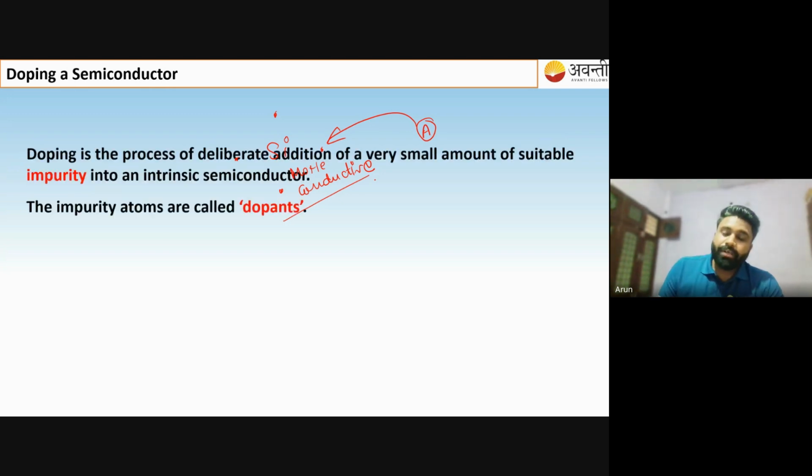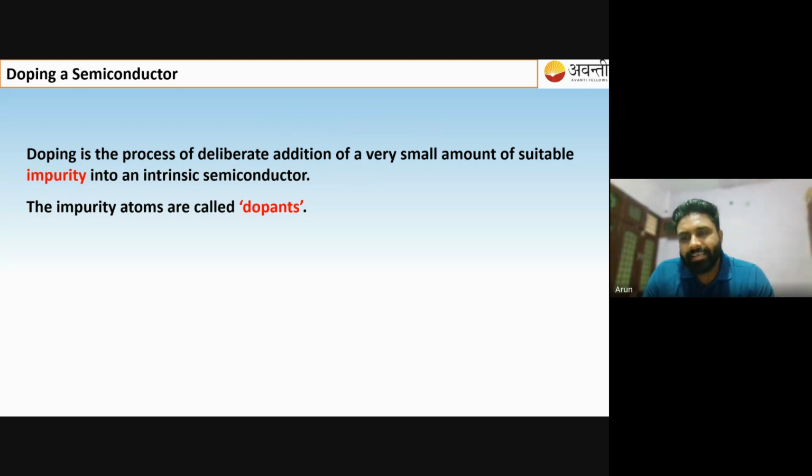These impurities are called dopants. So one thing you can do, either you can increase the number of electrons or you can increase the number of holes.